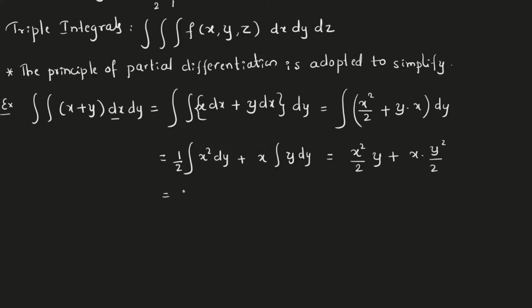Now among these two, xy by 2 is common. So in the first term you will be left with x, in the second term you will be left with y. So this is the solution. This is how to solve integrations.